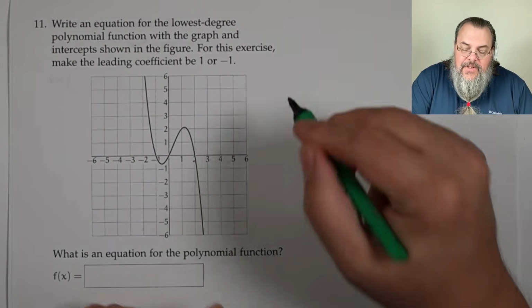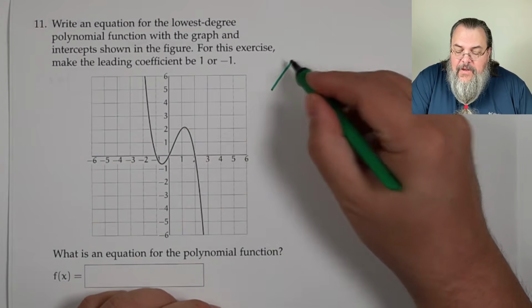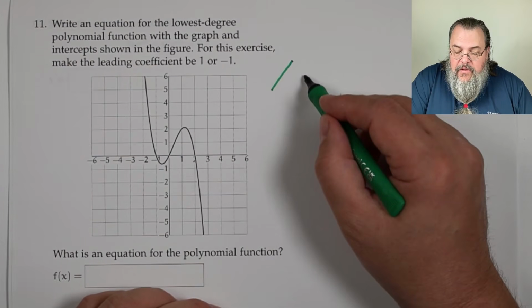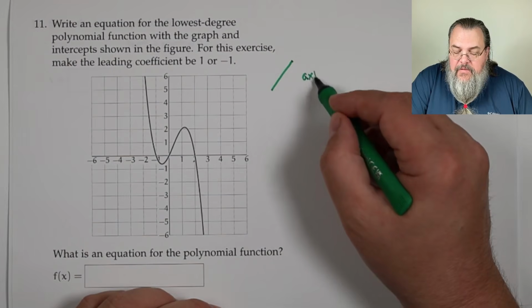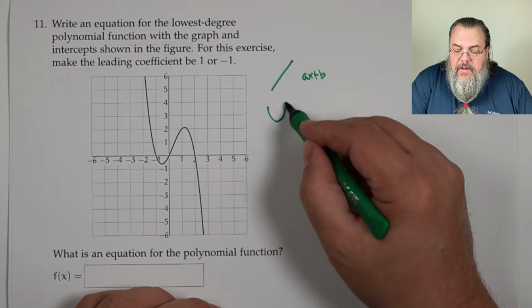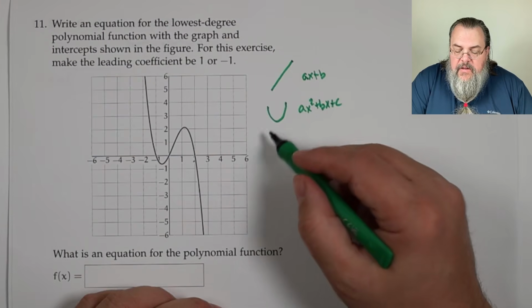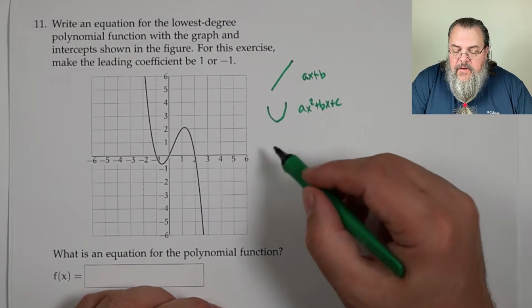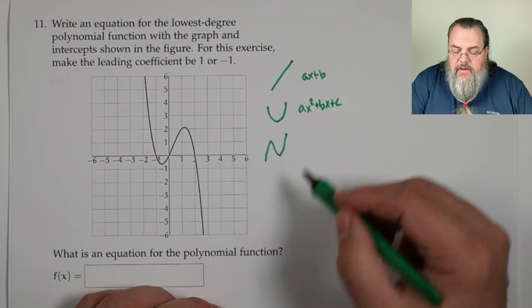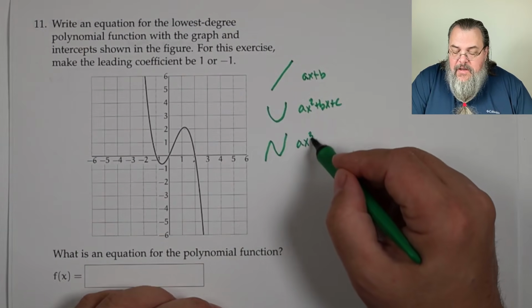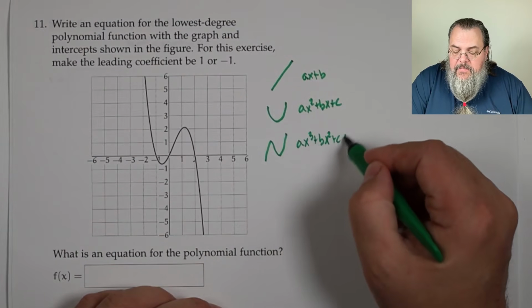Essentially, you should say, look, if you count the number of wiggles, this has like no wiggles. This is going to be something like ax plus b. If you're a parabola-like shape, ax squared plus bx plus c. There's 1 up, down. And if you look something like this, which is what we have here, then you're a cubic. Ax cubed plus bx squared plus cx plus d.